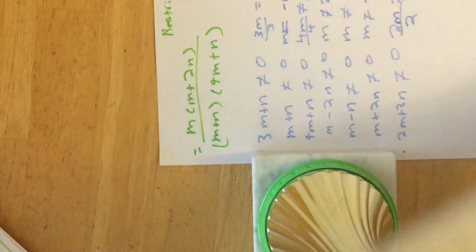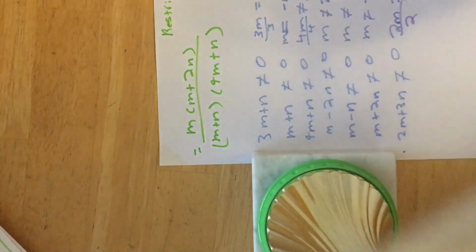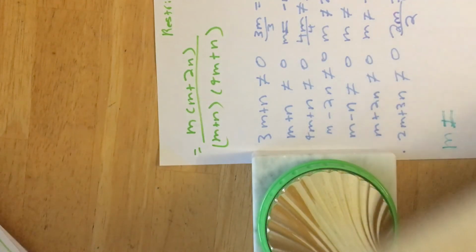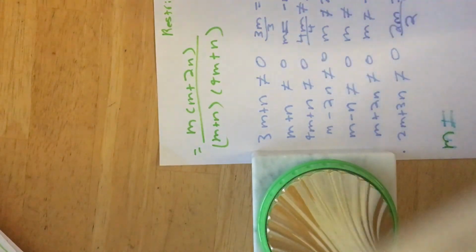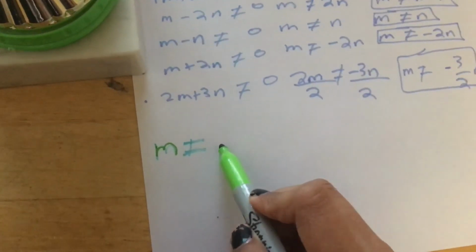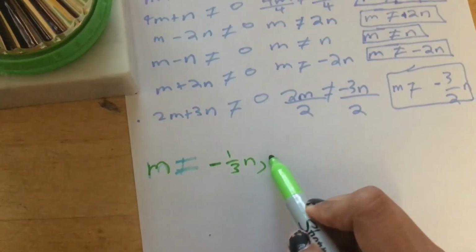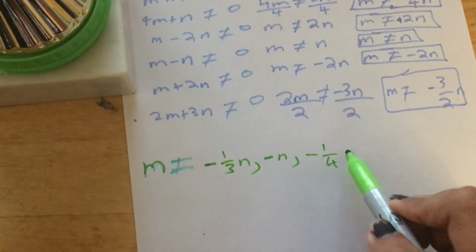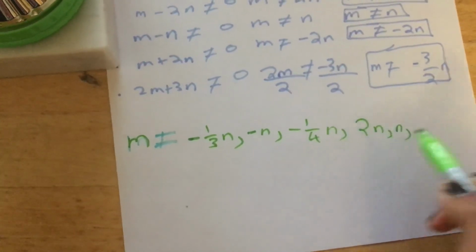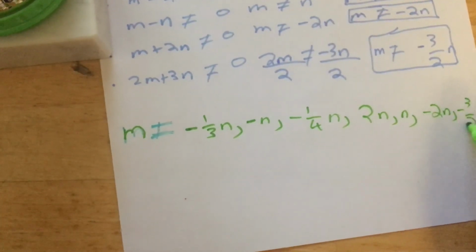So if you want to write all the restrictions together, that's going to be m can't equal negative 1/3 n, negative n, negative 1/4 n, positive 2n, n, negative 2n, negative 3/2 n.